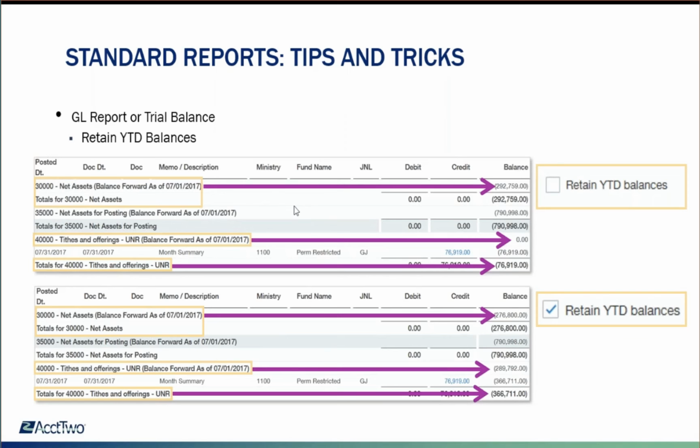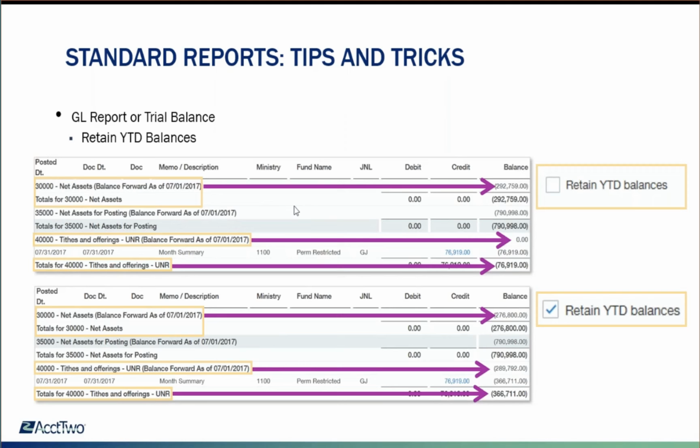All right, some tips and tricks relating to these standard reports. Well, in some legacy systems, you could see when you ran the trial balance what your year-to-date balance was on revenue and expense accounts.